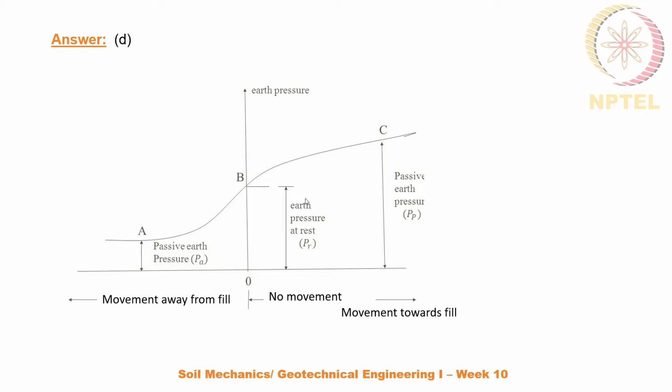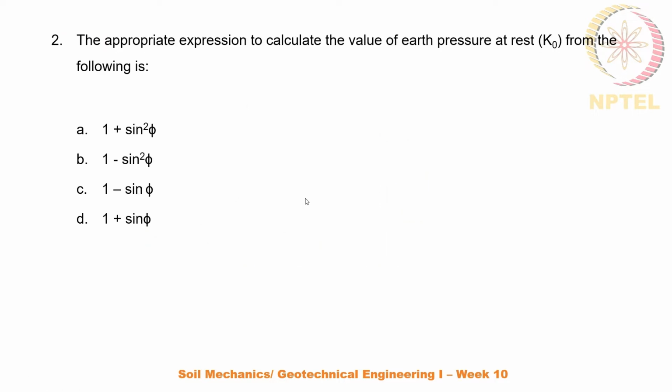Okay, so moving on to the next question. The appropriate expression to calculate the value of earth pressure at rest from the following is. Which is the equation for calculating earth pressure at rest? Option A 1 plus sine square phi. Option B 1 minus sine square phi.